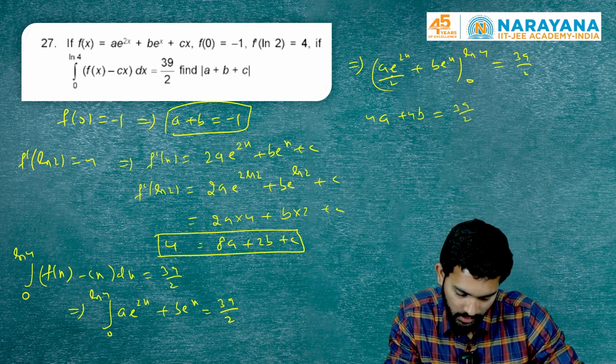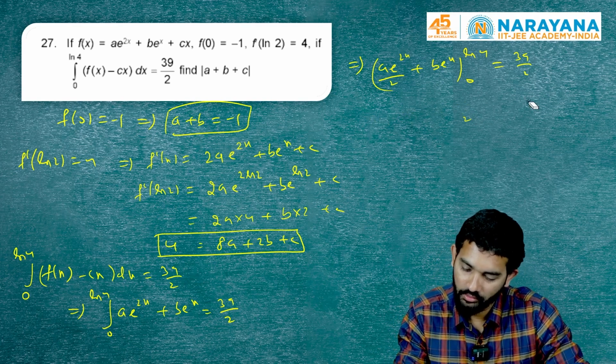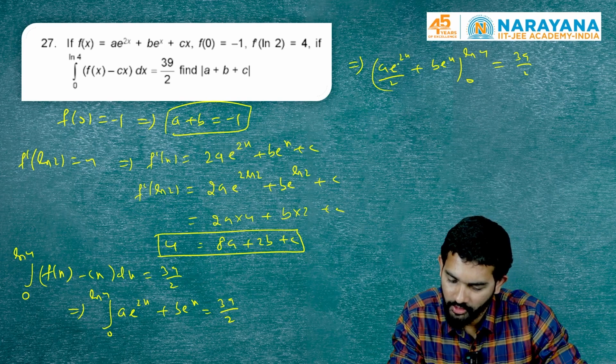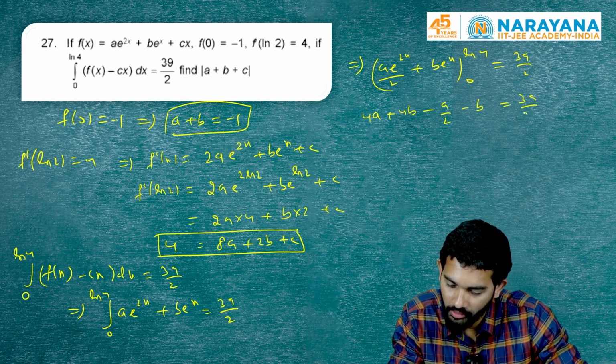So a e power x by 2, okay, minus this 0 is also there. So this will be e power ln 8. So this will be 4a. If I substitute here, it will be e power ln 4, 4b minus 0. If I am substituting, a by 2 minus b equal to 39 by 2.